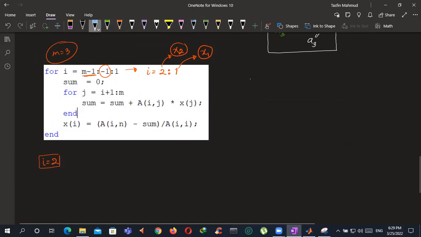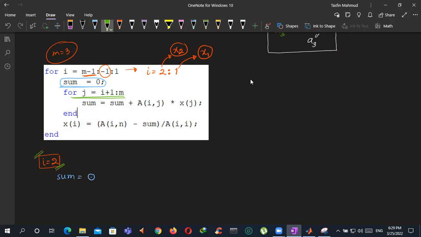And then we are initializing a variable called sum to 0. So the sum variable is having 0 now. And then in the inside loop, with the j parameter, j would iterate from I plus 1 up to m. So we are considering I equals 2.